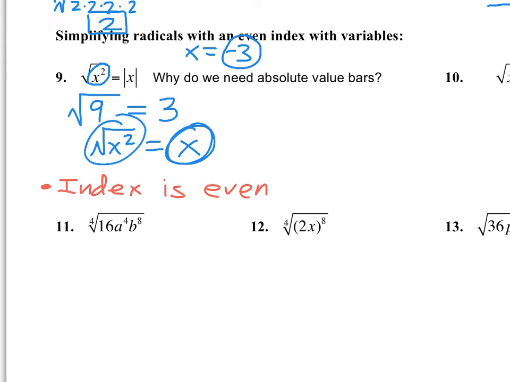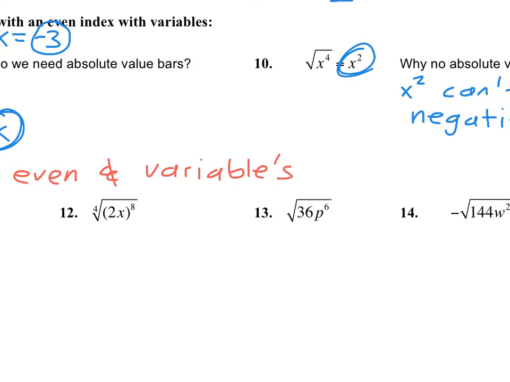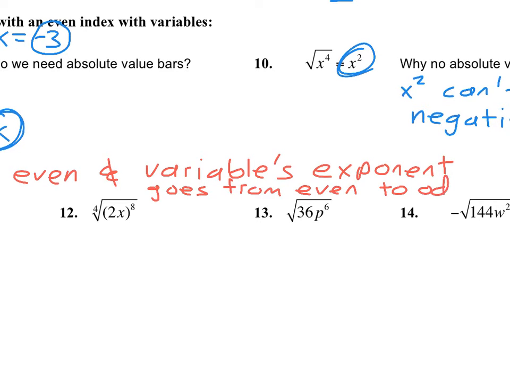So you need absolute value bars when the index is even and the variable's exponent goes from even, and then after you simplify, it becomes odd.